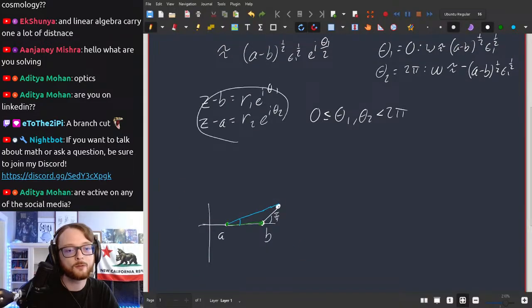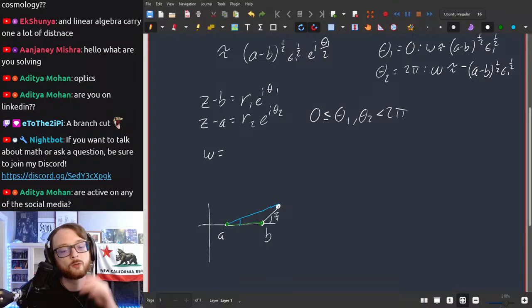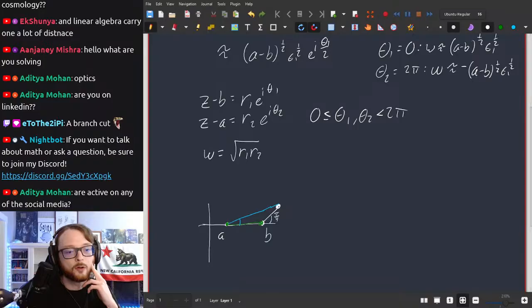If we're defining these local polar coordinates, then our function w can also be expressed as root r1 r2 times e to the i theta 1 plus theta 2 over 2. Kind of funny that there's an arithmetic mean and a geometric mean.